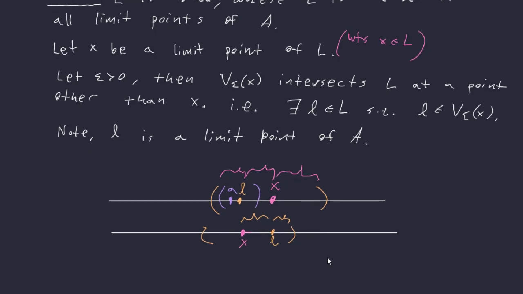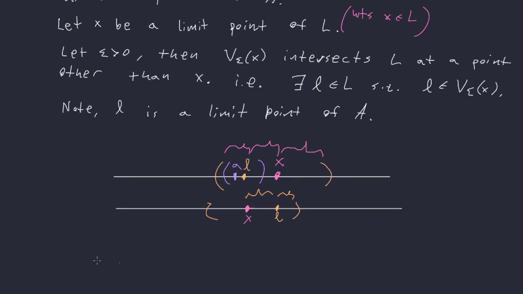So instead of epsilon, let's call it lowercase delta. We'll let delta be the minimum of the distance between l and X, and the distance between l and the endpoint.